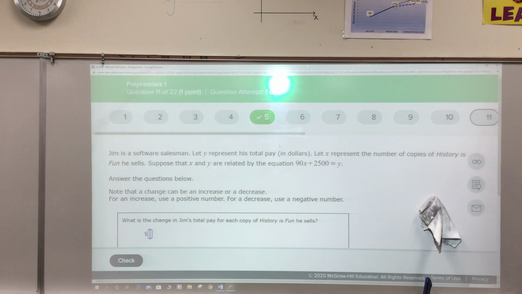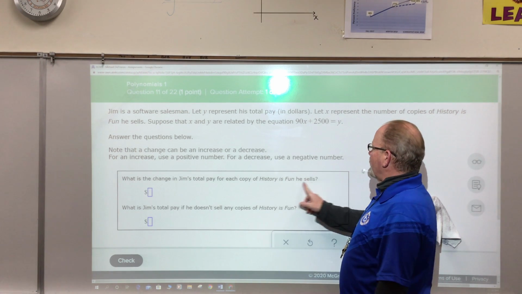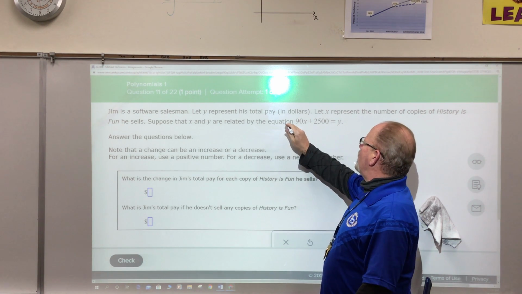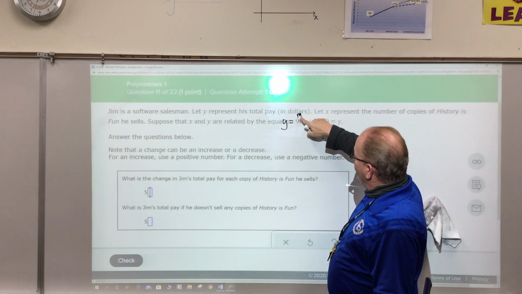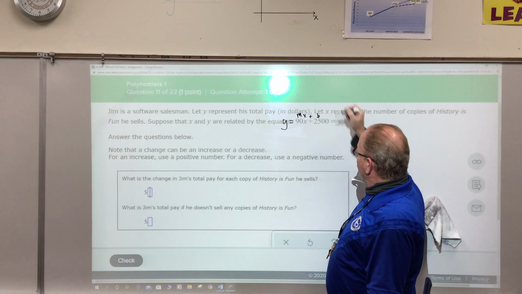Jim is a software salesman. X is the number of copies of History Is Fun that he sells. Suppose X and Y are related this way. What is the change in his total pay for each copy of history he sells? Well, remember, y equals m, the measure of change, times x, plus the beginning, the b.